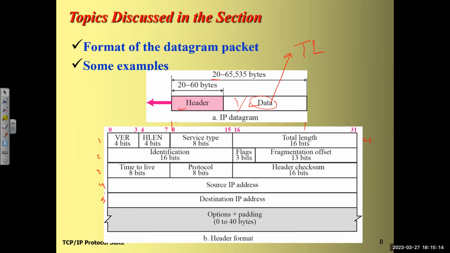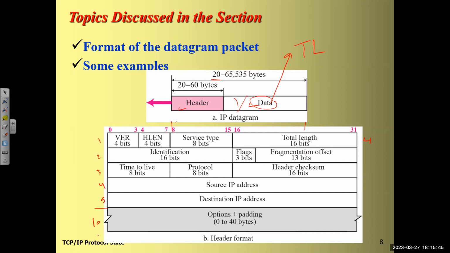That is the minimum, correct? After that, the remaining is optional. How many remaining? 40 bytes. And if you divide it by 4, then you will have 10 left, 10 rows, correct? That's optional. So when you build your IP datagram, at least it will have 20 bytes, the header, or more, but minimum it's going to be 20.